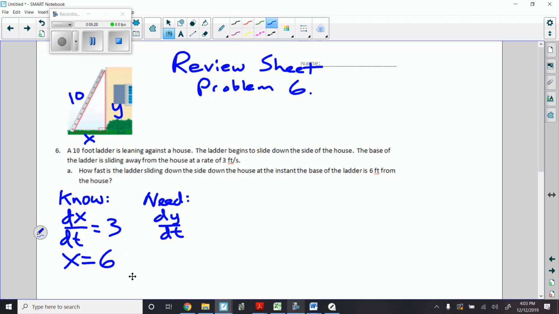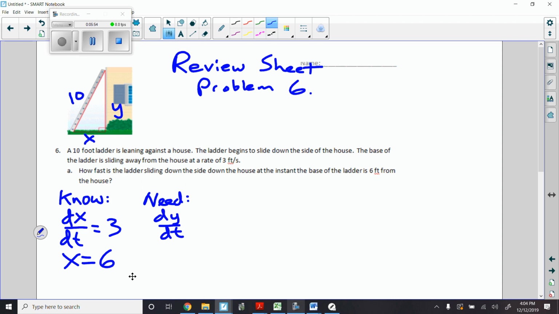Okay, the other thing I'm going to do right now, in any of these right triangle problems: I know at the instant x is 6, the ladder is 10, because the ladder is always 10. It might help to figure out what y is. Well, 6 and 10 are both divisible by 2. When I divide them both by 2, I see 3 and 5.